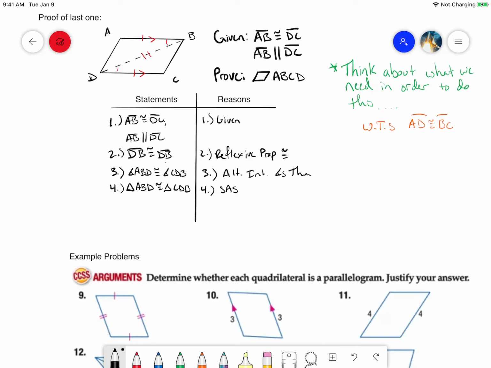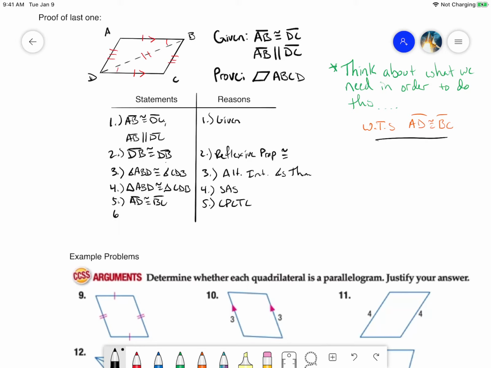So now I can get my part in here that I wanted before, and I can say that because those triangles are congruent, side AD is congruent to side BC. That's just by CPCTC. So now I have BC congruent to AD.